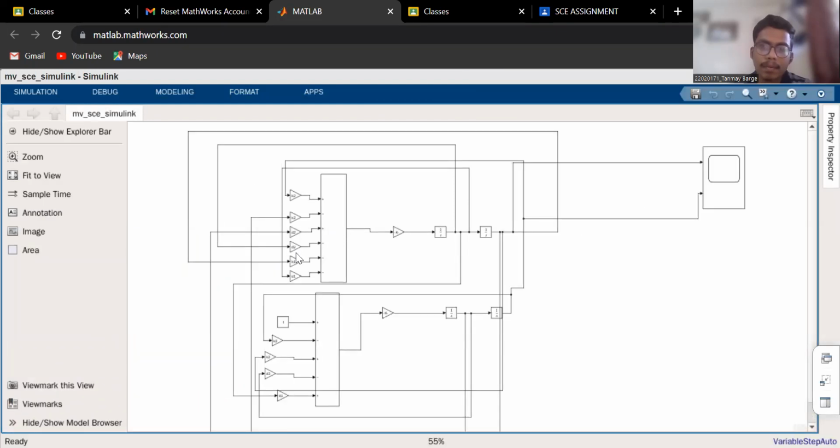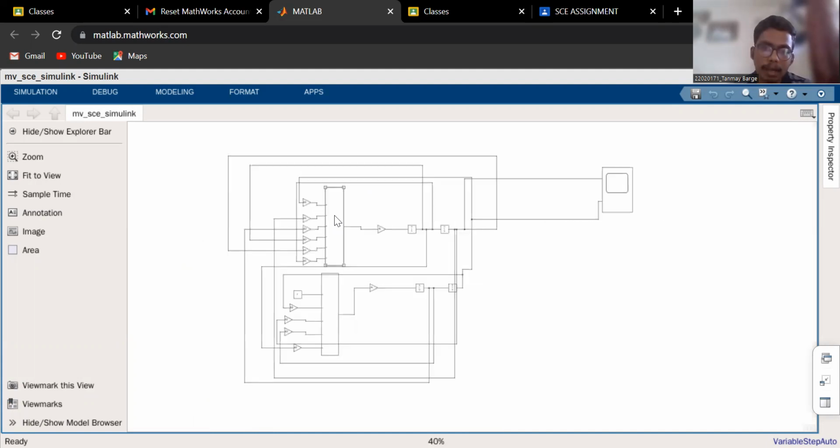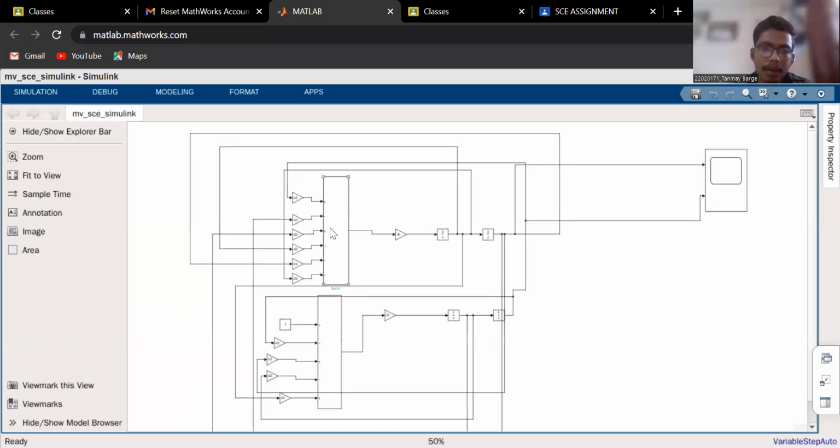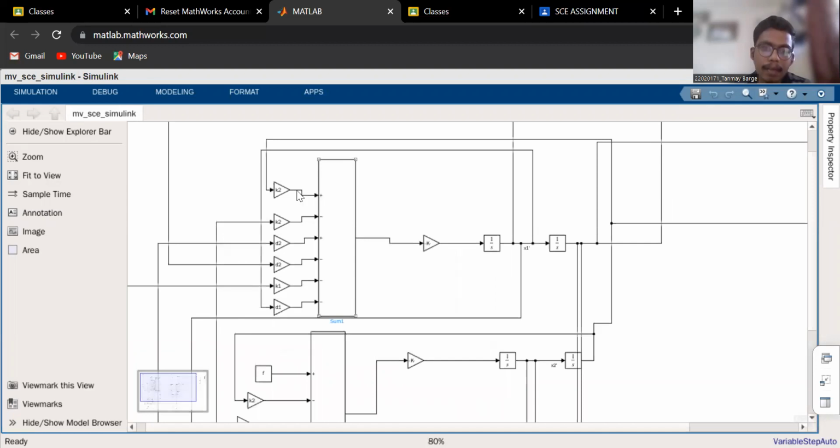So this is our Simulink software, and we have already modeled this using Simulink. I will explain each block one by one. This bigger block we are seeing is the sum block. Here we can assign different values such as K2, D2, K1, D1.